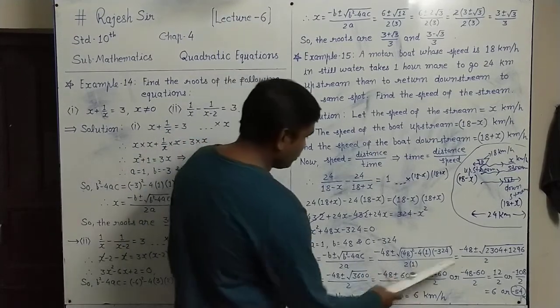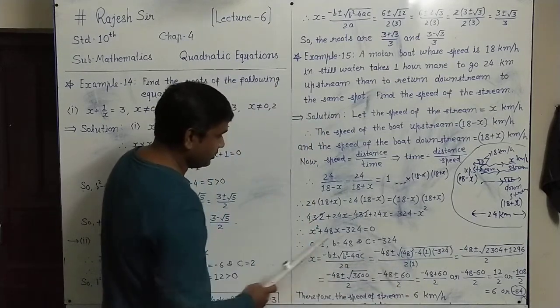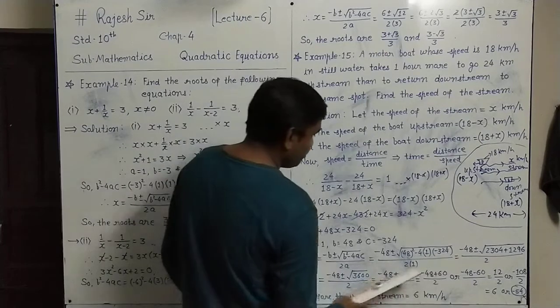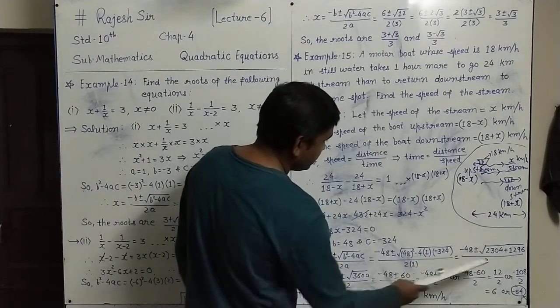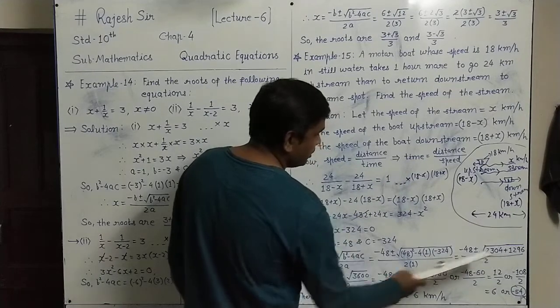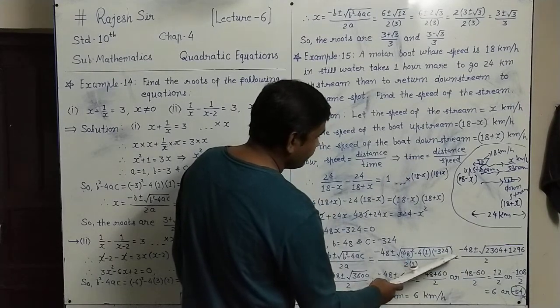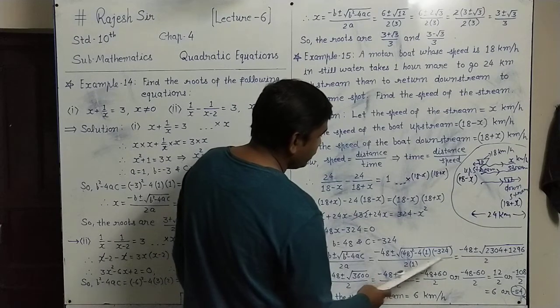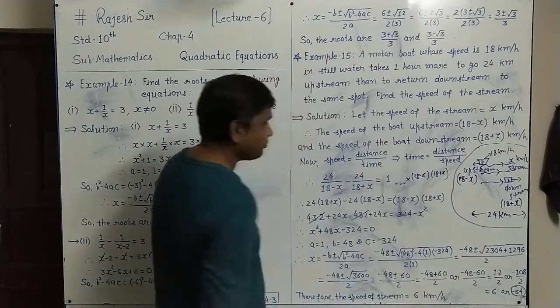So that equals minus 48 upon 2 into a, 2 into 1. Then equals minus 48 plus or minus root of 48 square is 2304, plus 4 into 1 into 324. This 324 into 4 is 1296, upon 2 ones are 2.